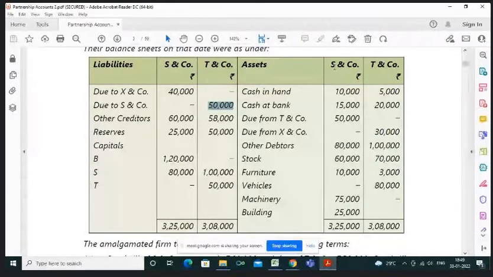This S and Co and T and Co have some mutual credit and debit balances. If you look at T and Co on the liability side, they have 50,000.